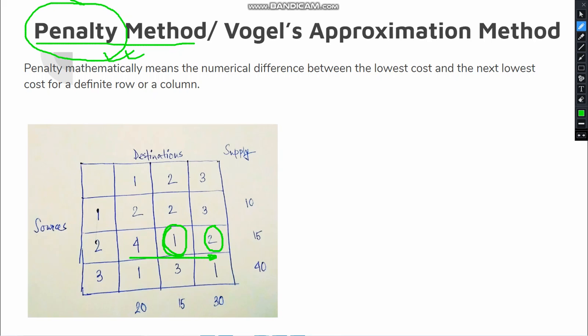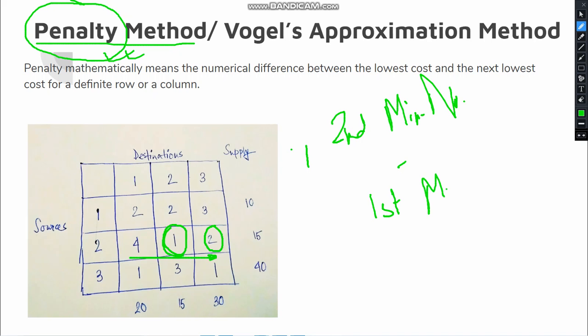The mathematical interpretation of penalty is the second minimum number minus the first minimum number. Like 2 here and 1 here. So 1 is the minimum number and 2 is the next minimum number. So penalty here will be 1. So for this row the penalty will be 1.